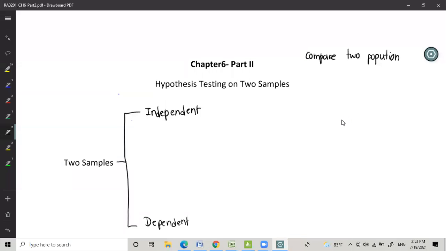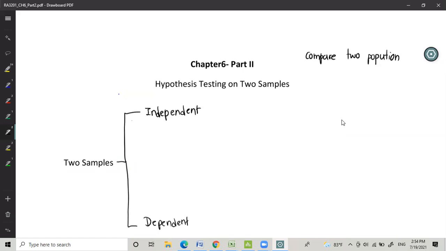Okay. So when do we have independent samples? Now you know what is independence. You have done probability, independent events. You have done variables, independent variables, right? So what is the idea of independent populations? If you think about the usual context, the idea of independency. When do we say two populations are independent? So when you measure a certain measurement, the measurements of one population, it's not going to affect the measurement of the other population.